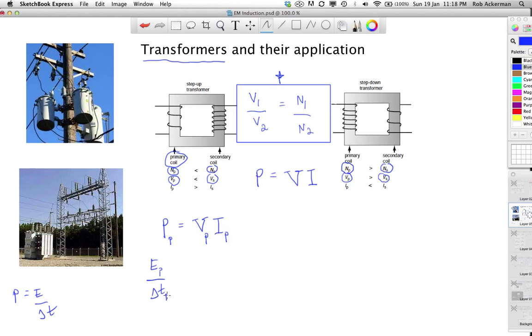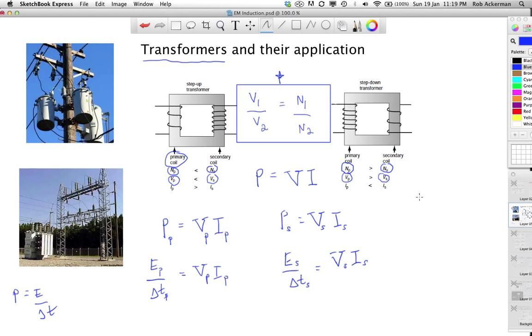Okay, so this will be equal to the voltage in the primary times the current in the primary. Now we also know that the power in the secondary coil is equal to the voltage in the secondary coil times the current in the secondary coil. And so we can also write that the energy in the secondary coil divided by the time that we measure that energy is equal to the voltage times the current.